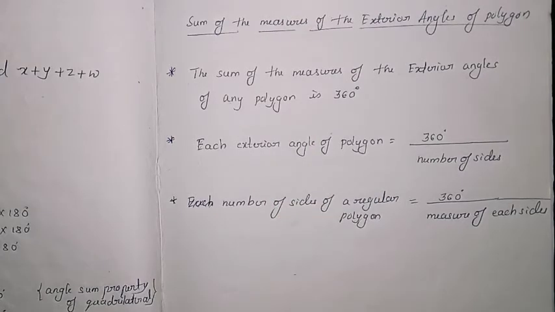You have to remember the names of the polygons. I told you in the first class to make a list of all the polygons and study which polygon has how many sides. For example, if I ask how many sides a pentagon has, you should remember that it has 5 sides. So it is very important for you.